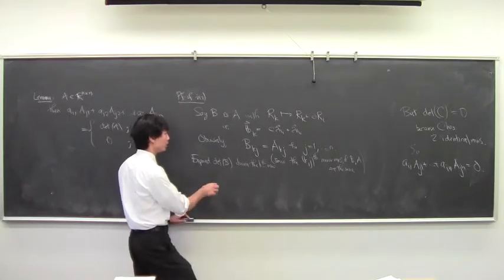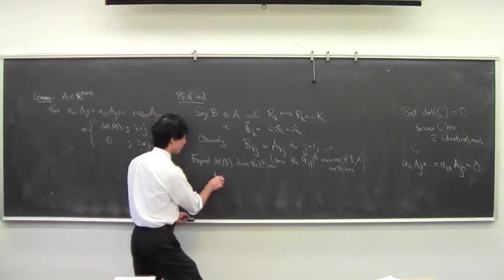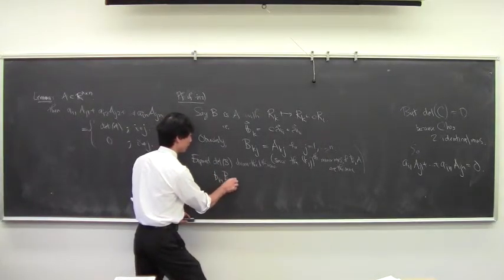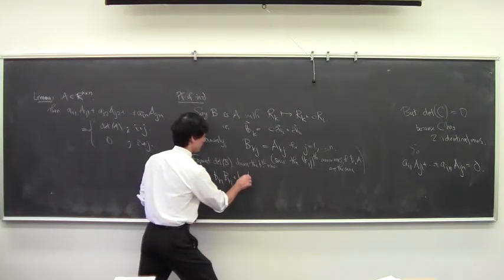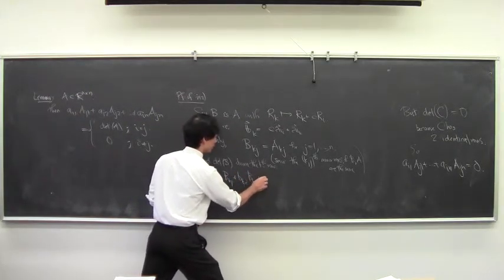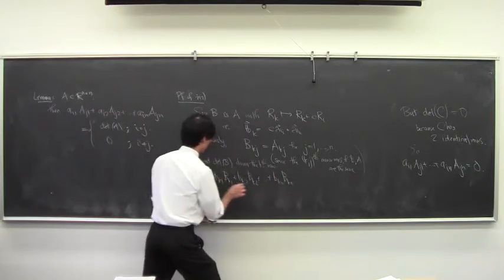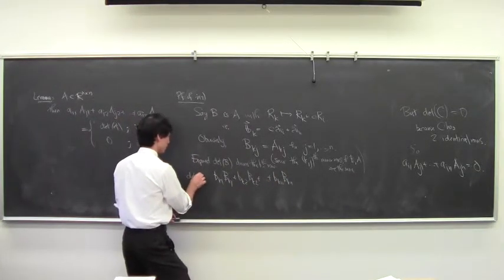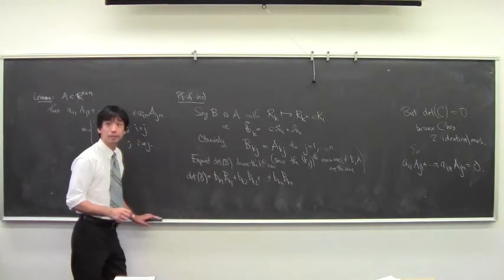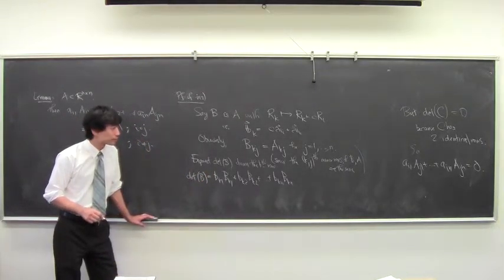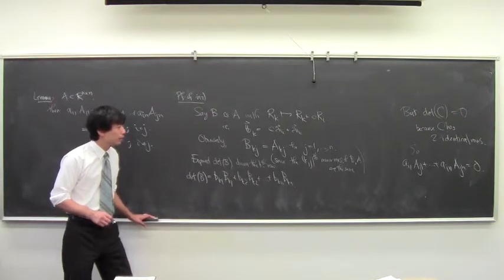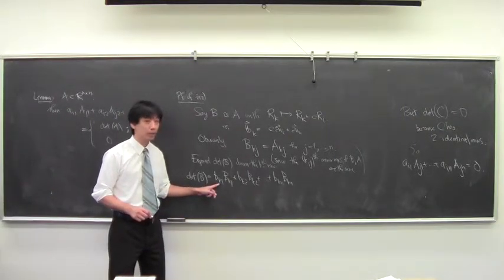You end up with bk1 times capital Bk1, plus bk2 times capital Bk2, through bkn times capital Bkn. The determinant of B is going to be that. Well, what is bk1?